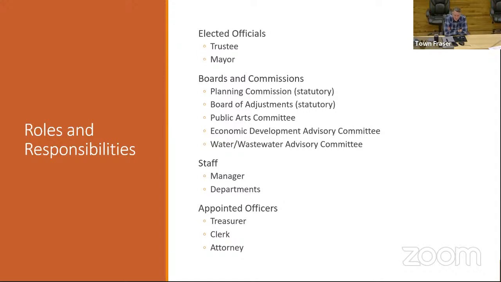The next board is the Board of Adjustments. Again, this is also a statutory requirement. They're tasked with hearing requests for variances on our zoning and our code. They are kind of the appellate level of some of the planning and land use process. The Board of Adjustments also has 7 members. They are called when necessary.